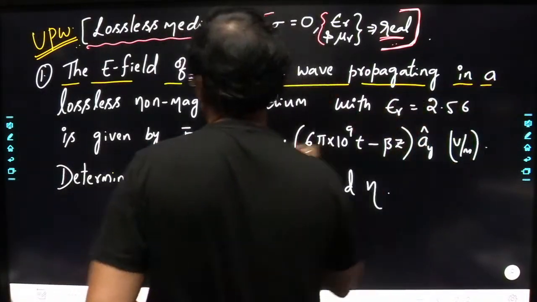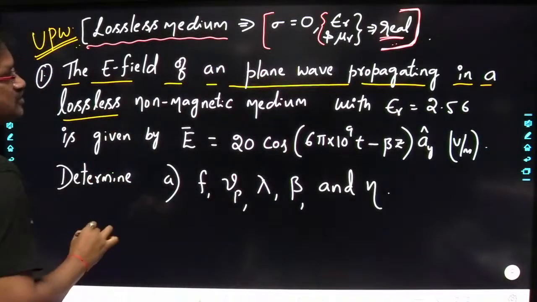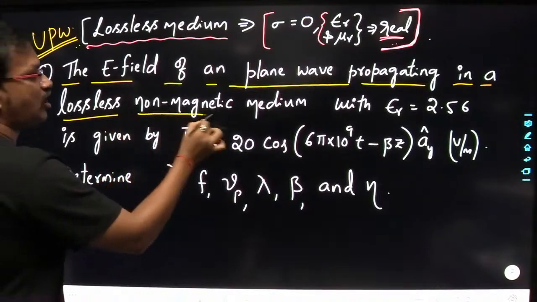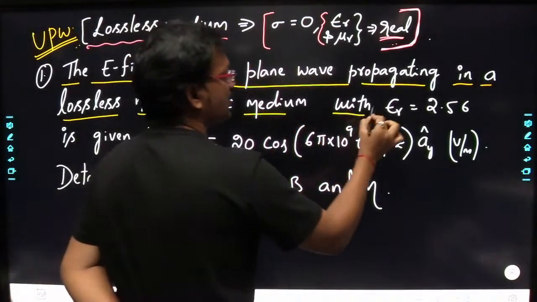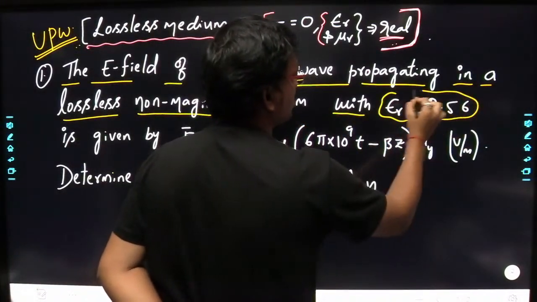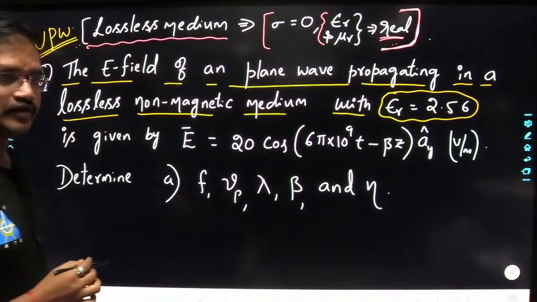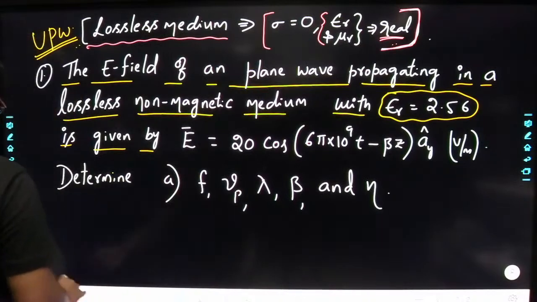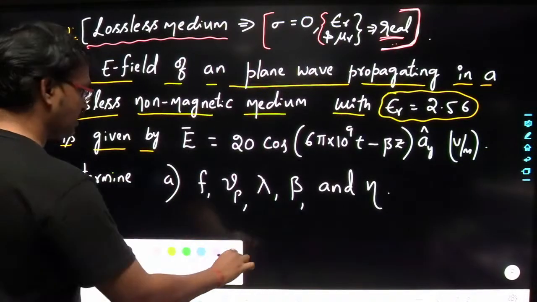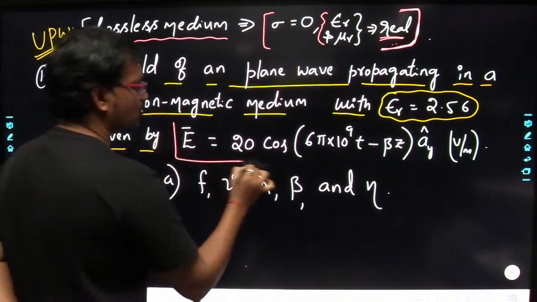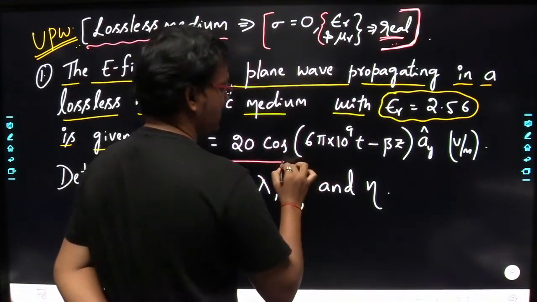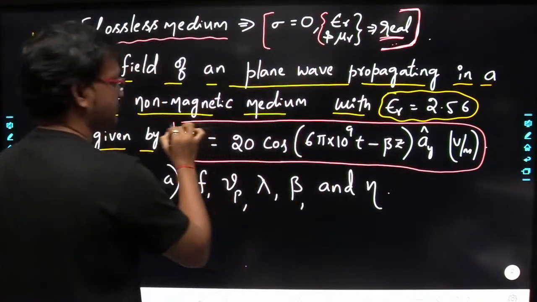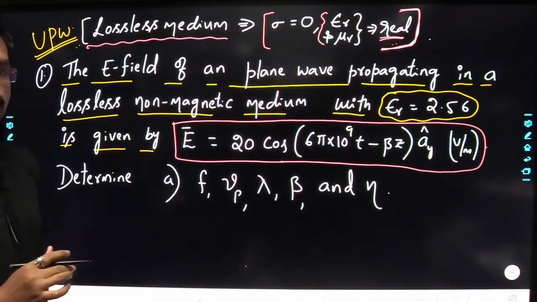Propagating in a lossless, I have already told what lossless medium means, non-magnetic medium with epsilon r equal to 2.56, given by E bar is equal to 20 cos of (6 pi into 10 to the power of 9 t minus beta z) ay cap volt per meter.